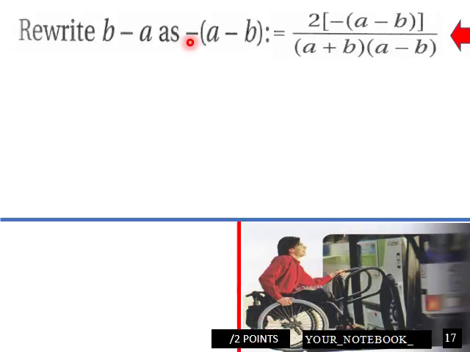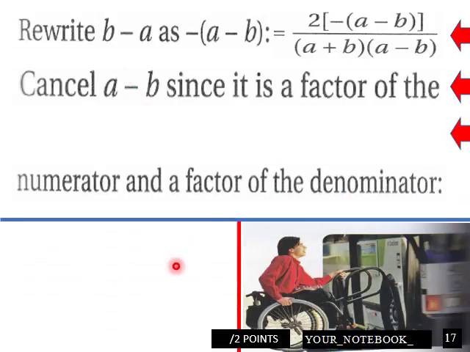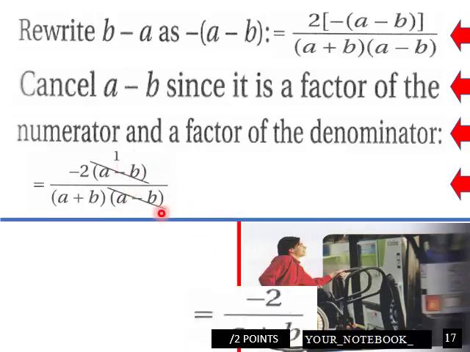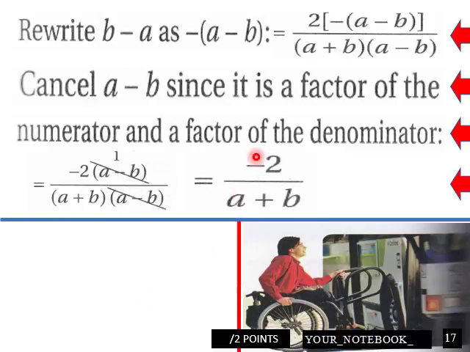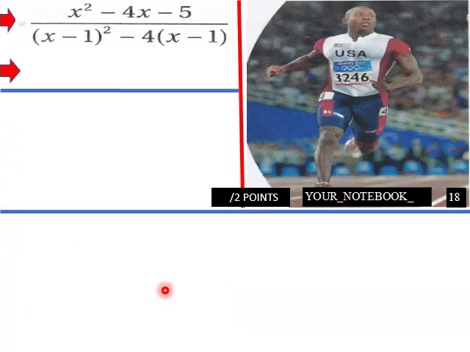Rewrite b minus a as the negative of a minus b. So you have this here. Then those can cancel. Cancel a minus b since it is a factor of both numerator and denominator. So we get this going on. Then we come up with this, and that would be your final solution to that.